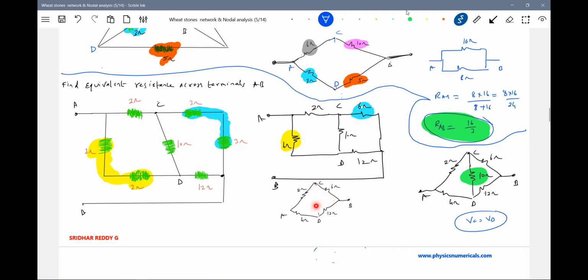Now look at the total, how they are. These two are in series, and these two are in series. So 2 ohm and 6 ohm will be 8 ohm, and this will become 16 ohm. So what is RAB? Let me write it. 8 into 16 by 8 plus 16, which is 8 into 16 by 24. So 16 by 3 ohm.